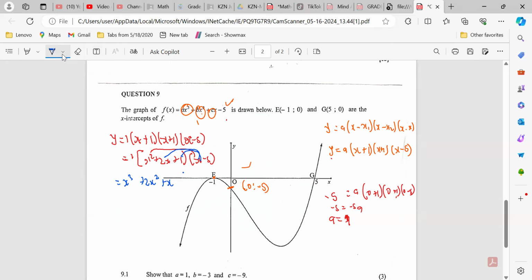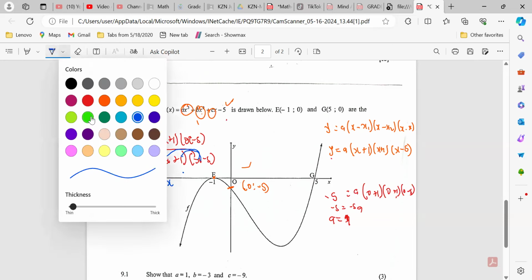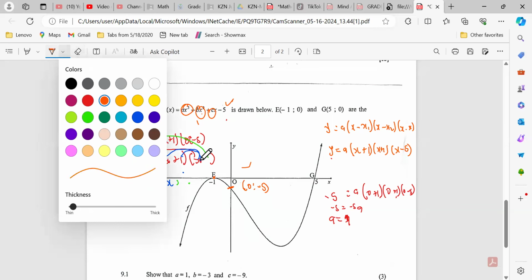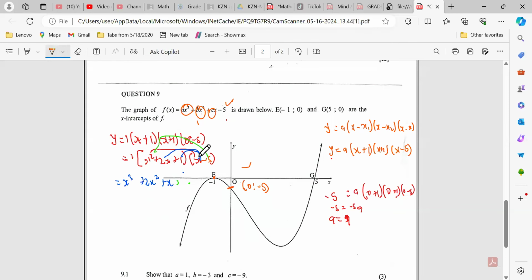Another column: this one multiplied by this one, -5x squared. This one multiplied by this one, -10x. This one multiplied by this one, -5.